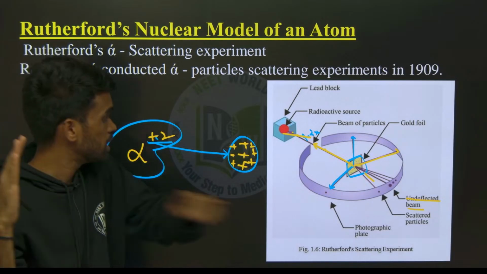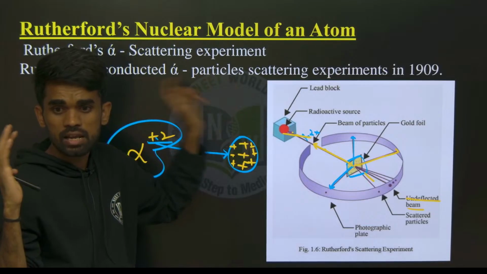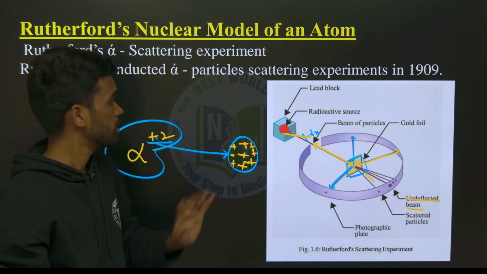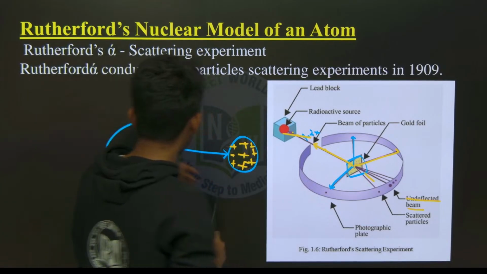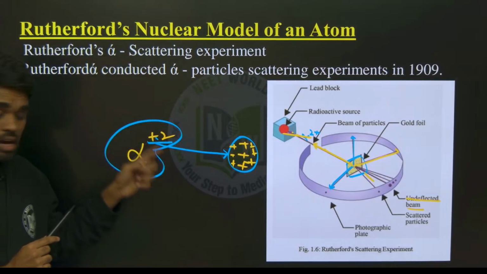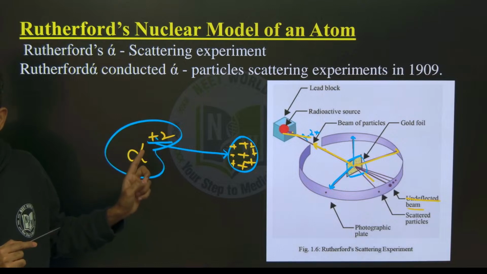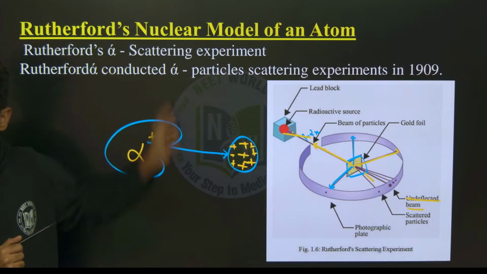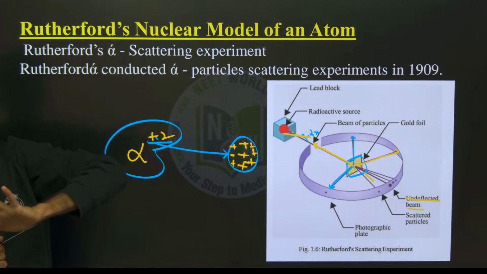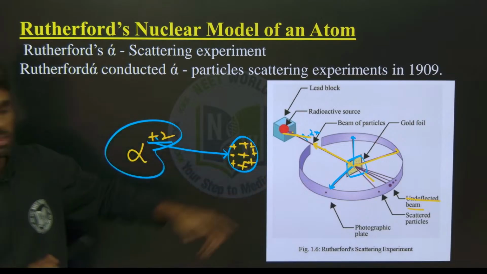That's why it retraces its original path. So Thomson's atomic model failed here. Why did it fail? He said positive charge is uniformly spread, but is that the case? No. Okay, right.